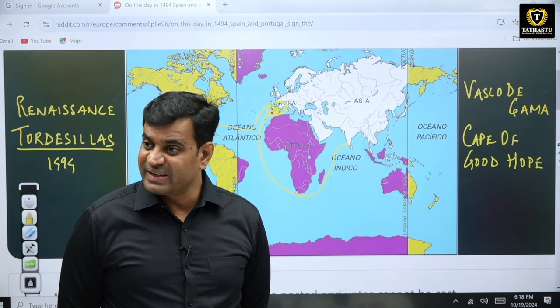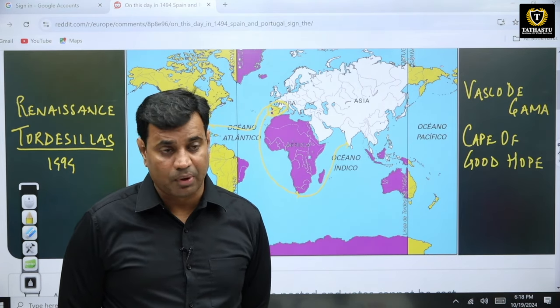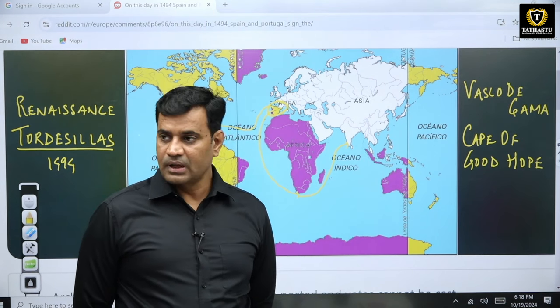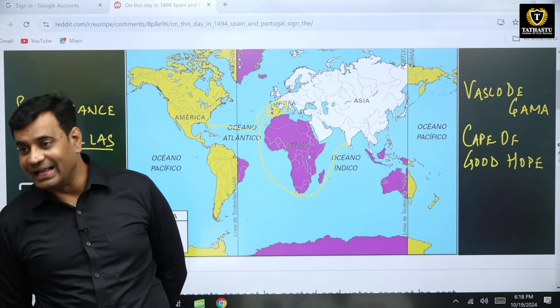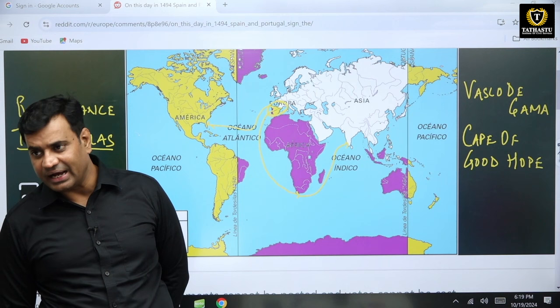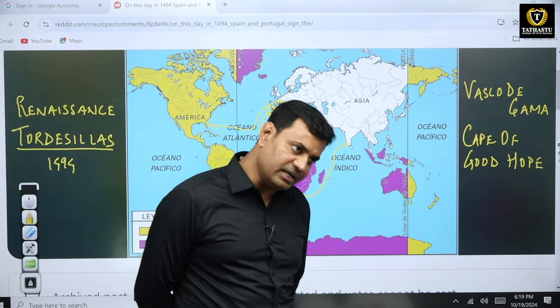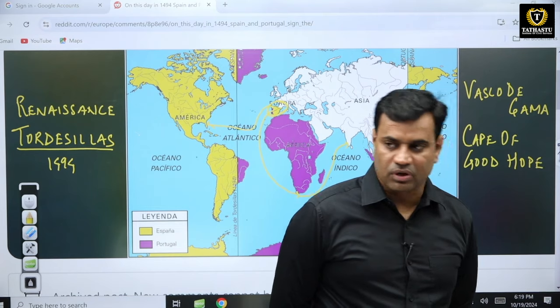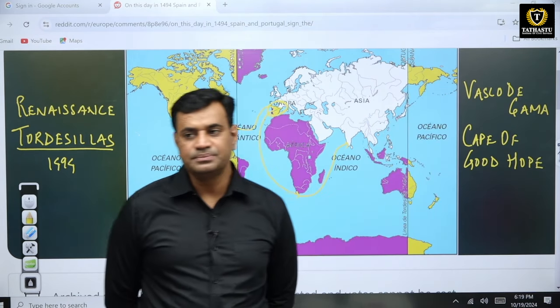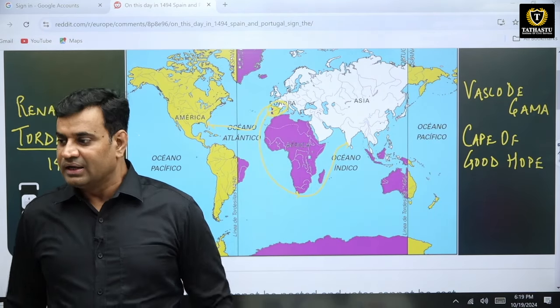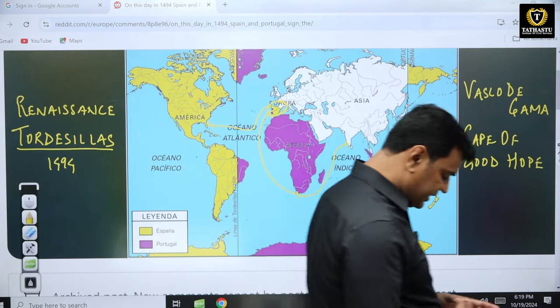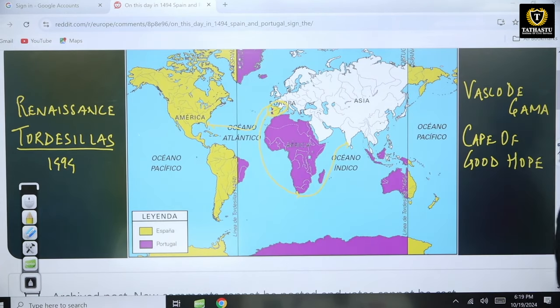The years that we will be writing in our notebook, those years are important. Clear? Calicut in 1498.